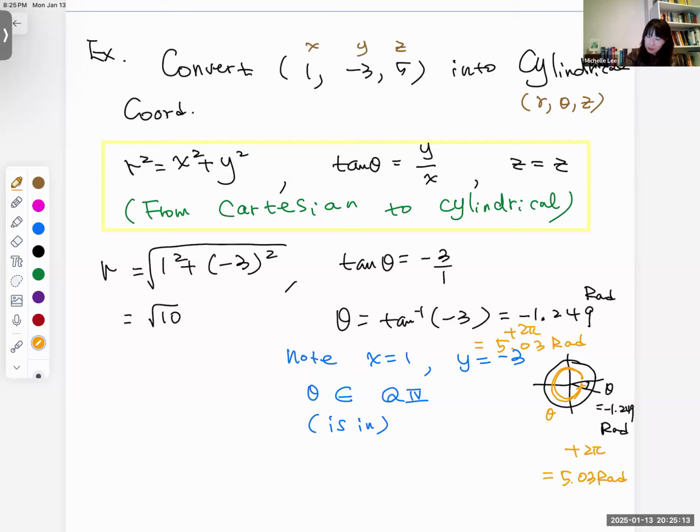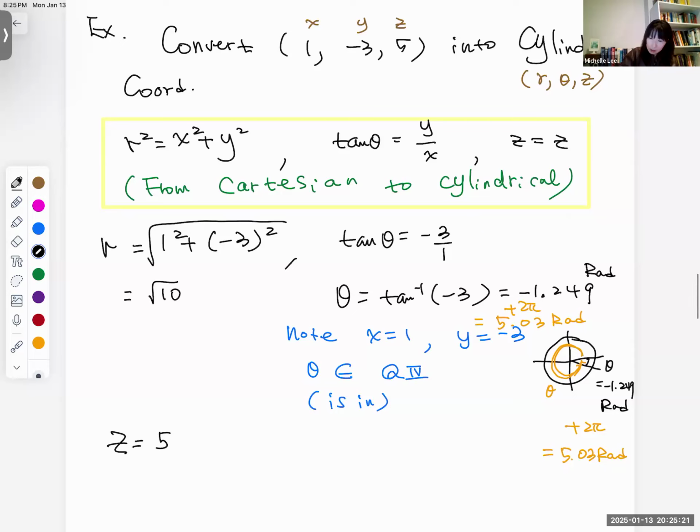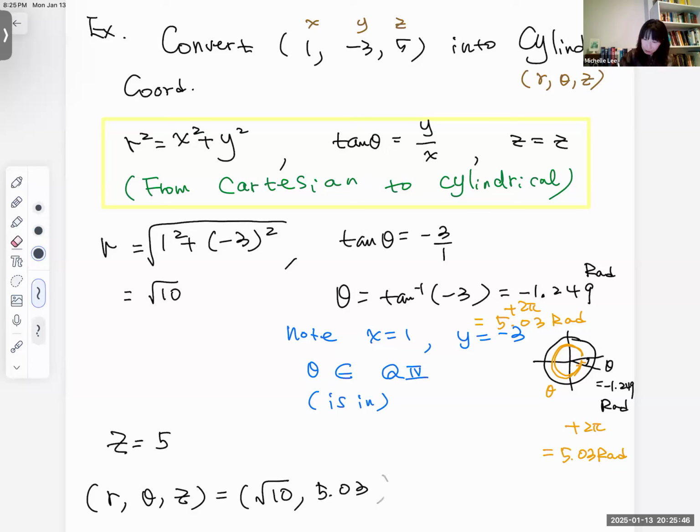Okay, now the last one is z equal to z, right? So we have z equal to 5. So let's arrange the cylindrical coordinates, which is r, theta, z: r is square root of 10, theta is 5.03 radians, and z equal to 5.